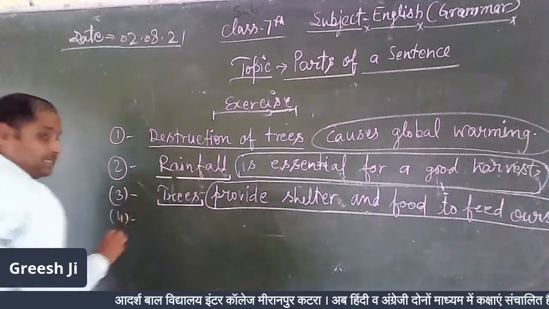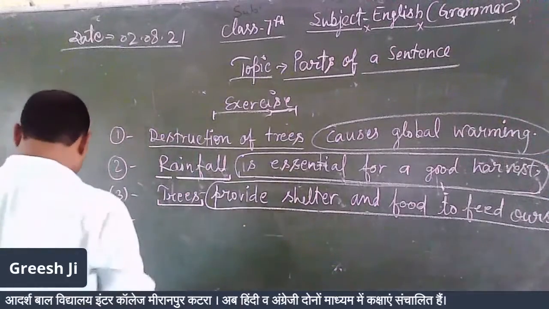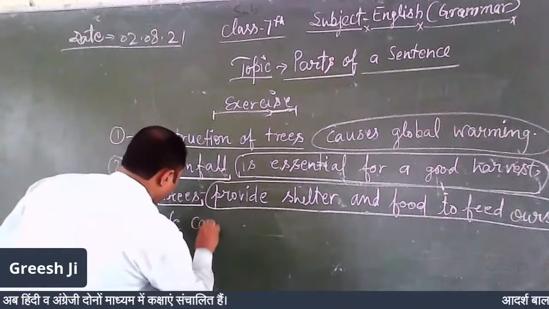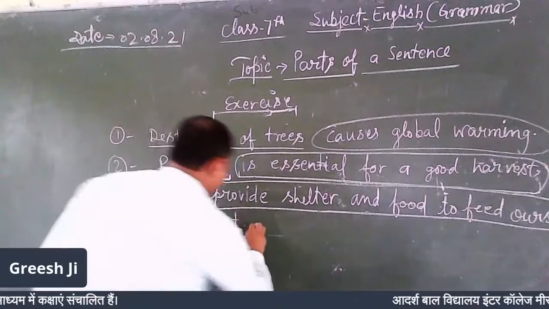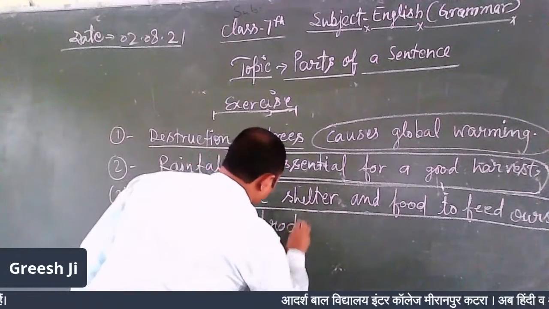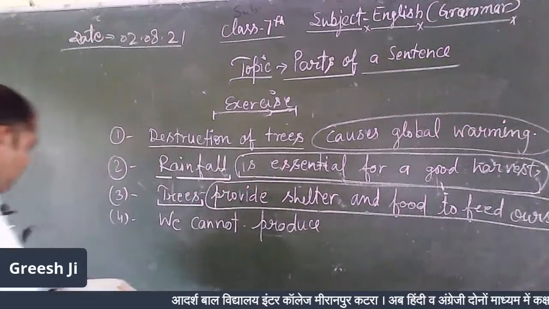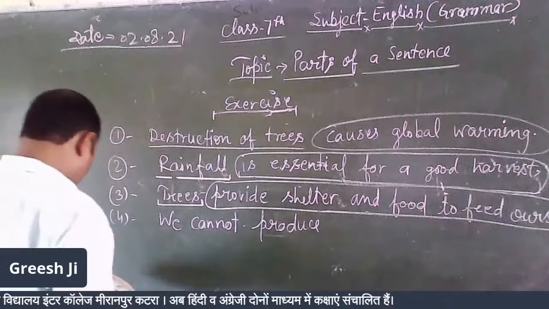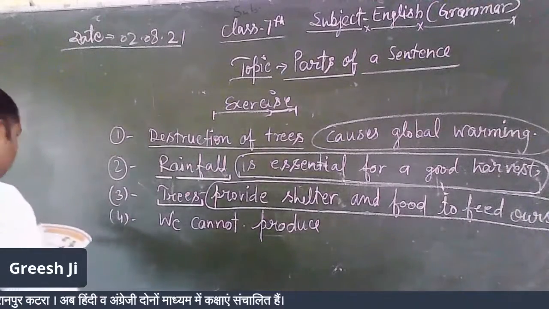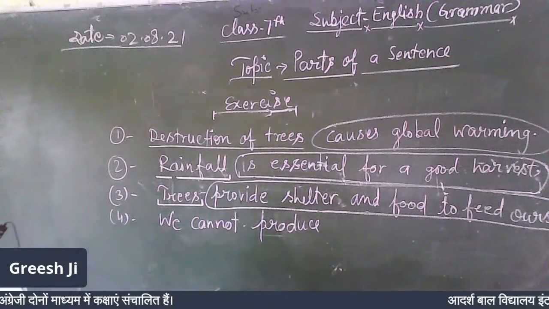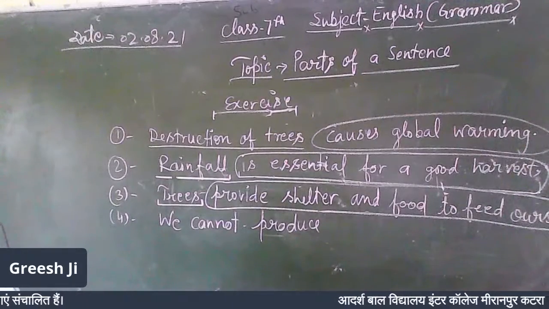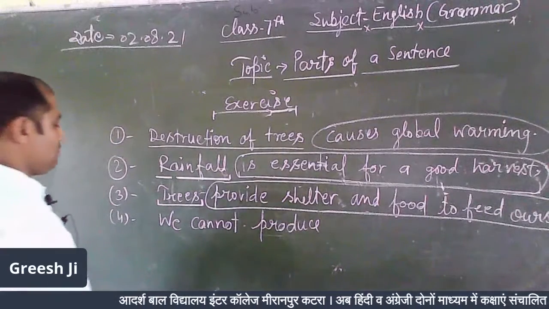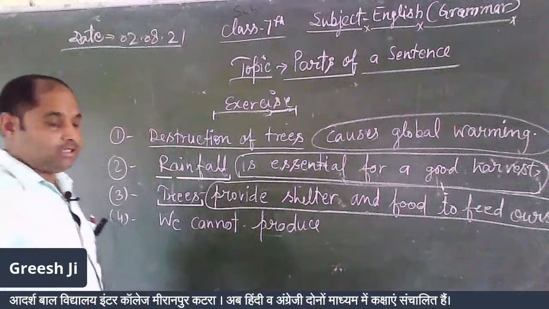In the fourth sentence, we cannot produce food to feed ourselves. There is some problem in the sentence.